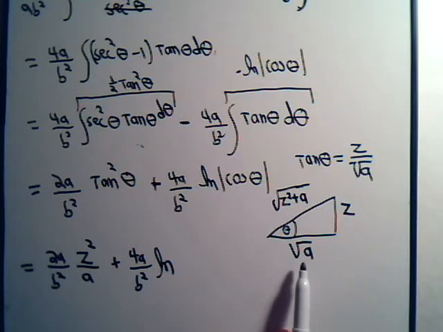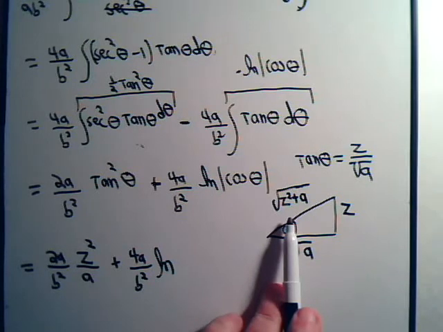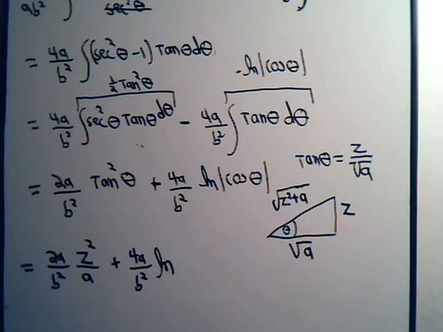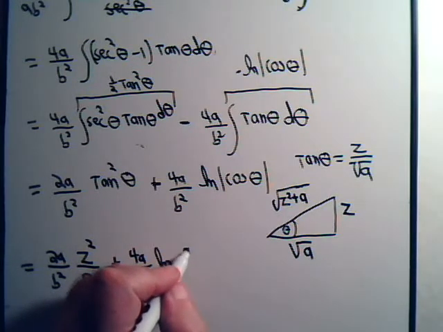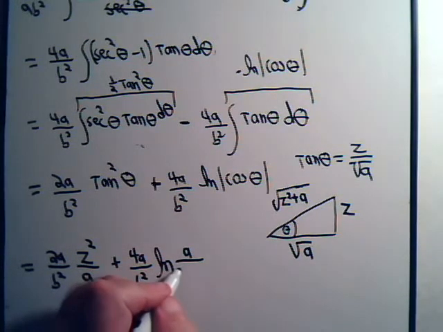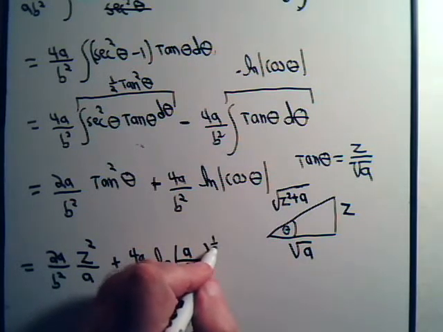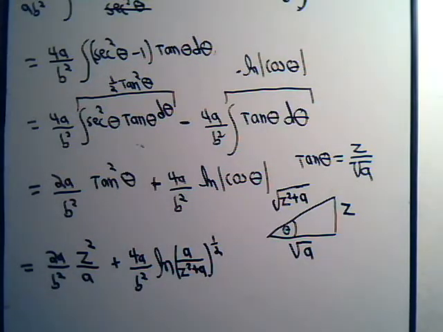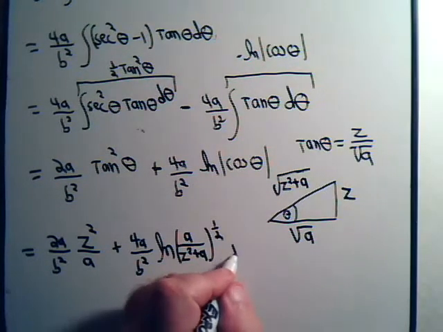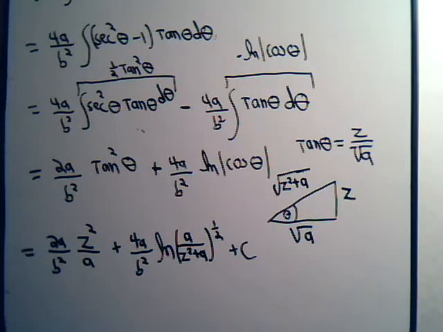That's the side adjacent divided by this. So it'd be the square root, this divided by this, or we could say a divided by z squared plus a, to the 1/2 power. And of course, we'll have a constant of integration.